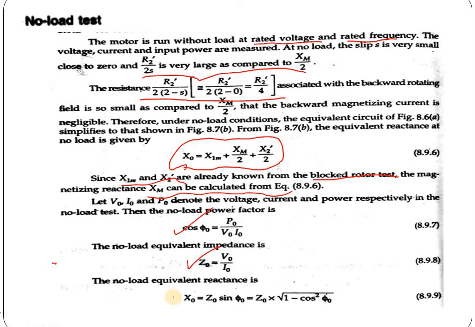And again we can calculate the no load equivalent reactance X0, which equals Z0 sin phi 0, that is Z0 into root over 1 minus cos square phi 0. So we can calculate all these values from the no load test.